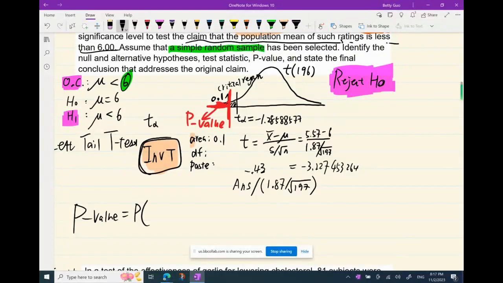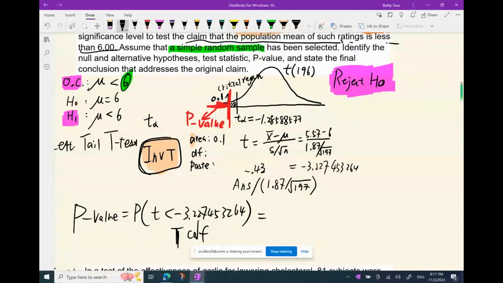is the probability that the t-score is less than negative 3.227453264. That's why we need to use the tcdf function in the calculator to figure out the p-value. Let's go to second verse, tcdf, number 6.